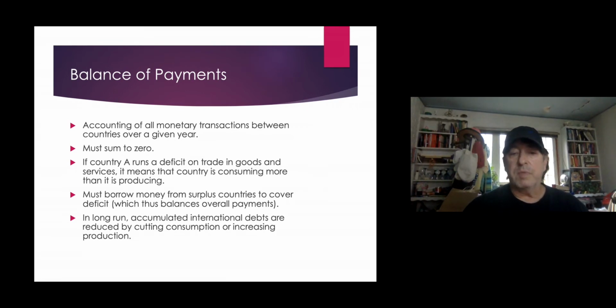So in the long run, accumulated international debts are reduced by cutting consumption or increasing production. A country can't forever keep borrowing money to finance excess consumption. Why?